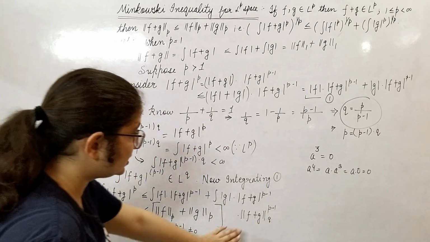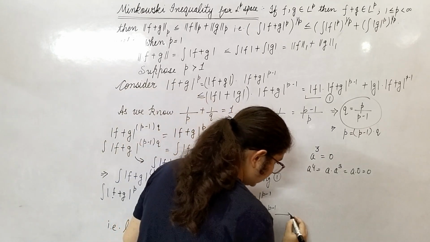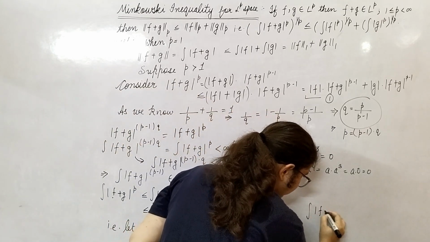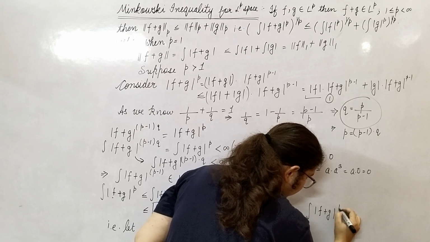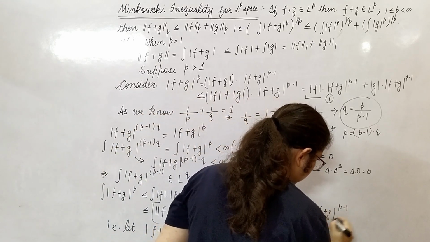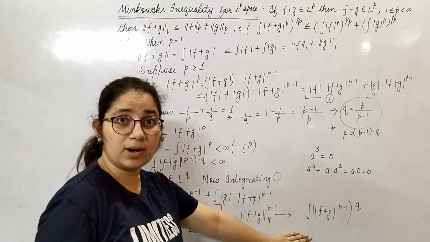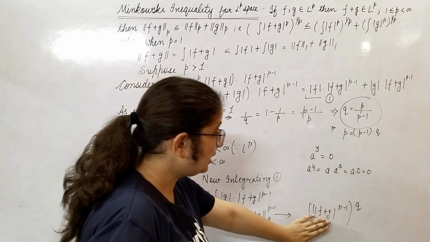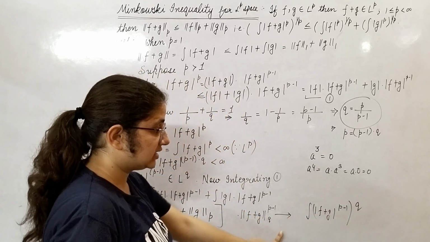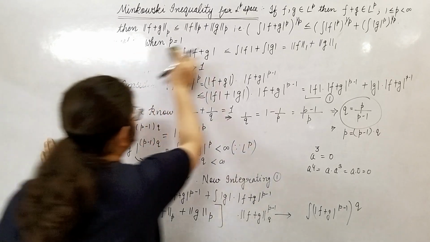I can write this in integration form. What will its value be in integration form? Integration of (f plus g) raised to the power (p minus 1) into q, because this belongs to what? In our LQ space. That's why I can write this as, now I am erasing from here.